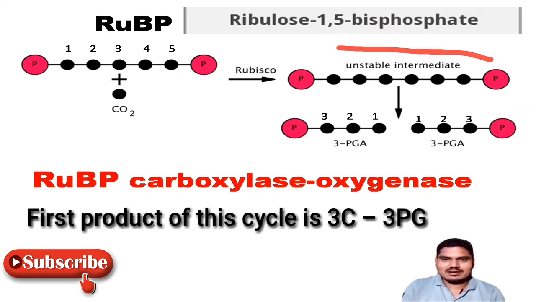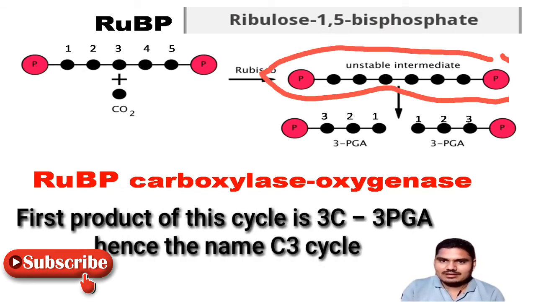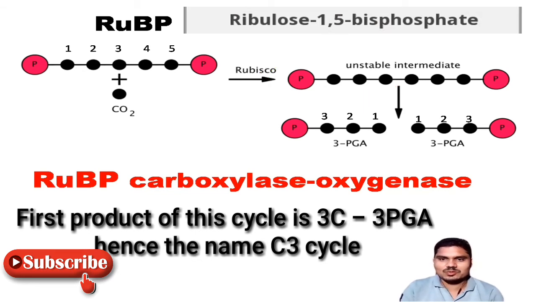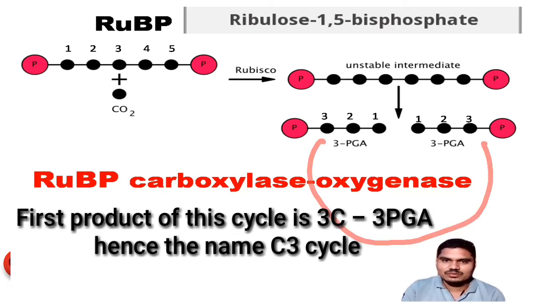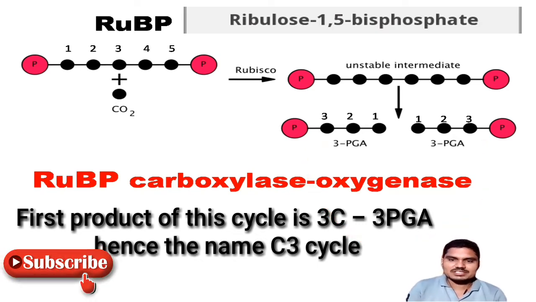Due to the unstable condition, the bond breaks and it releases 2 molecules. Each molecule contains 3 carbon atoms. Why does the name come as 3-phosphoglycerate? Because the phosphate group is attached to the 3rd carbon atom.